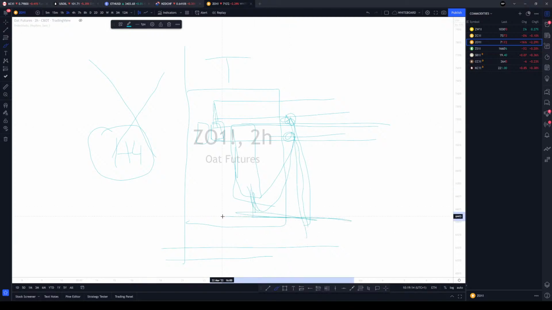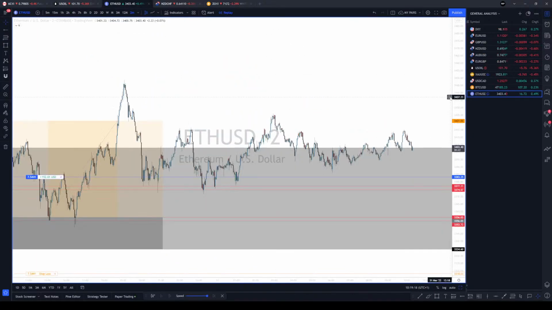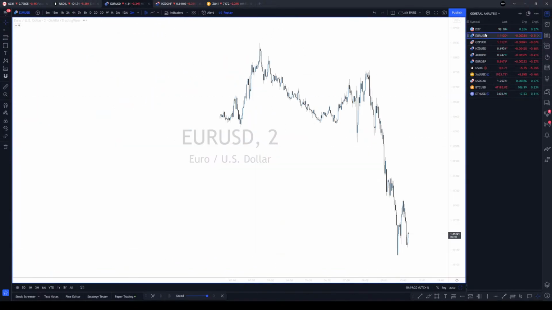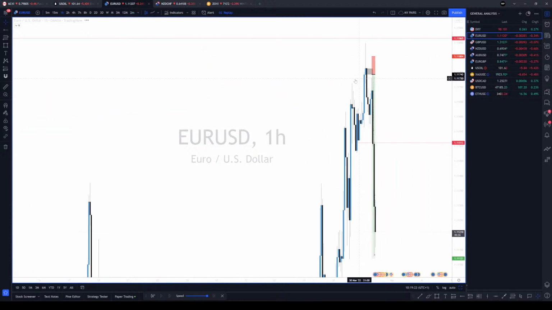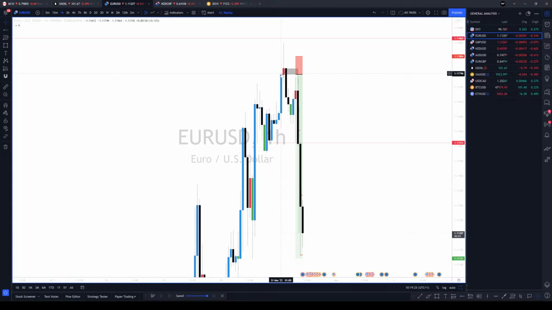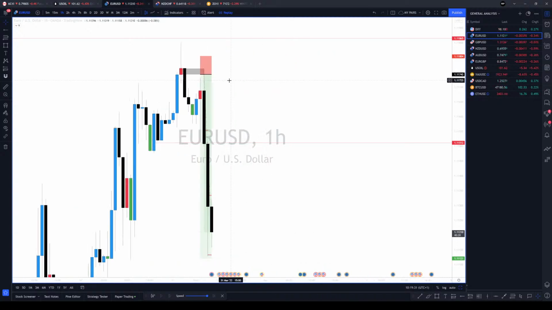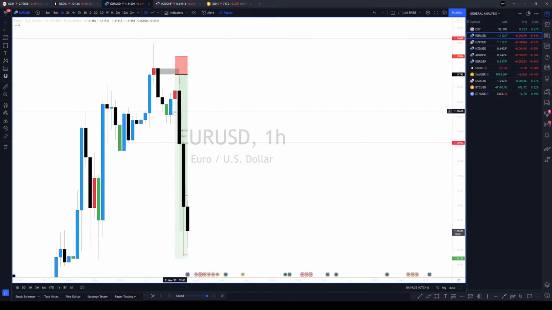All right. So in that pullback, like this, let's go back to this one. Like this one here, this swing high, it happened today. The fact that it happened today, all you're looking for is price to trade back to it and then attack the retracement low. So the retracement low will be this one.